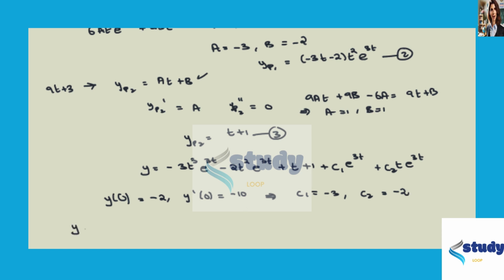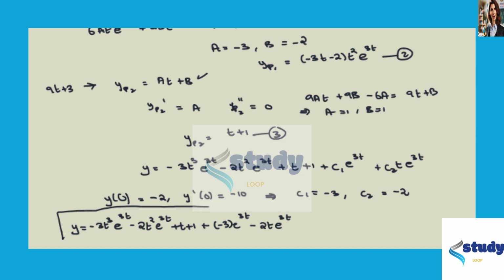Substituting this, we have the solution y equals -3t cubed e^(3t) minus 2t squared e^(3t) plus t plus 1 plus c1, which is -3 e^(3t), minus 2t e^(3t). Therefore, this is the required solution for the given initial value problem. This is our final answer.